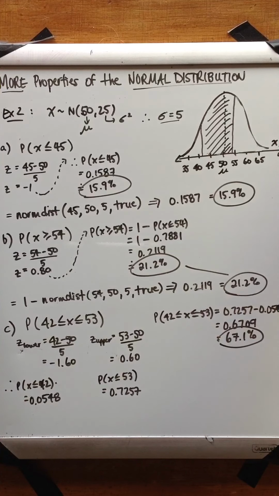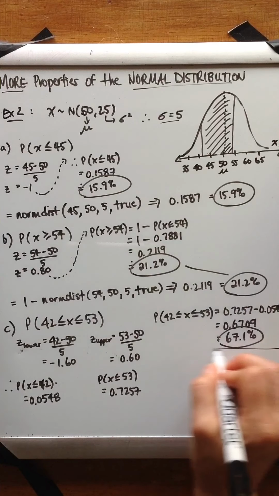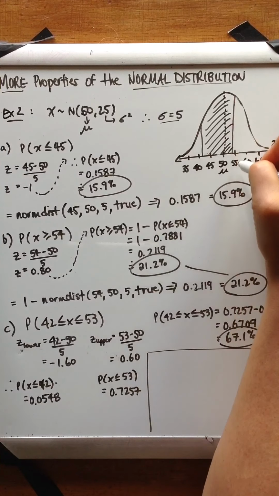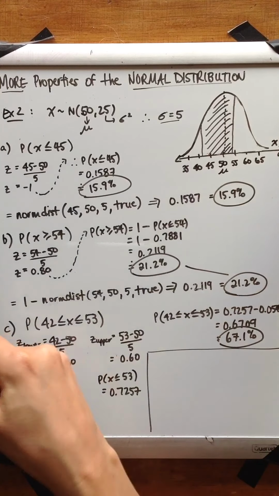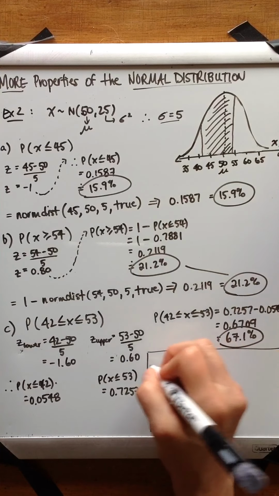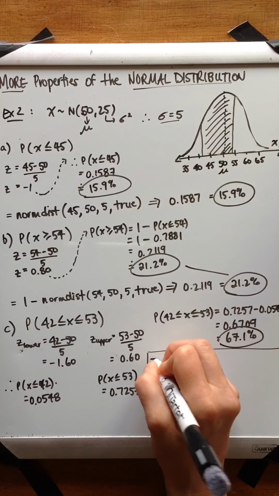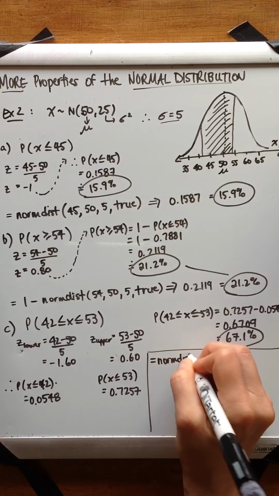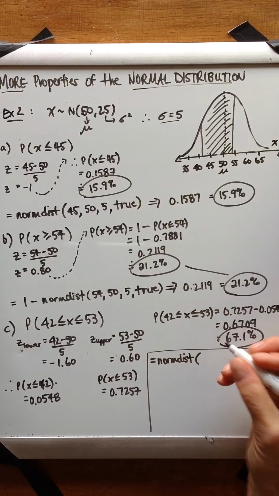Okay, so this is using non-electronic means. But if you wanted to use Google Sheets, what you would input into a cell would be the area of the curve for when x is 53 subtracted from the area of the curve when x is 42. So it would look like this. In this cell you would type equals norm dist, and we'll start with the higher value of x.